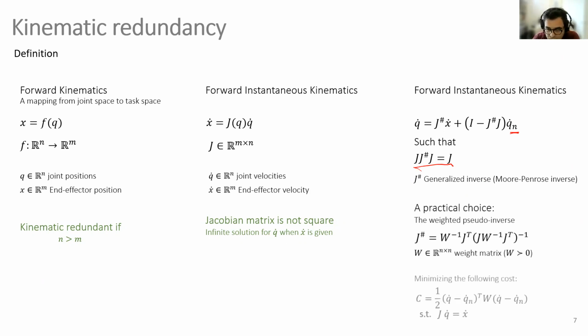One practical choice that we use in robotics is the weighted pseudo-inverse. It's simple to show that this is a solution for this minimization. And when we don't know what to do with W, we usually put an identity weight, so it becomes the right pseudo-inverse of J.